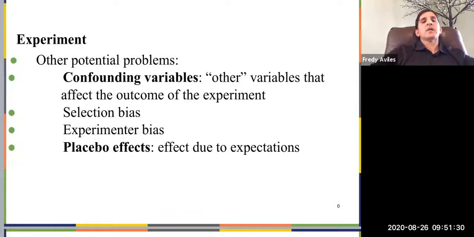Now, but what if we had put an ad in the school newspaper that said participants needed for an alcohol study, for a study on alcohol, pays $10 an hour? What if we put an ad like that out there? What would happen is that we would get a whole bunch of participants calling who love alcohol. We potentially would get a bunch of alcoholics, a bunch of problem drinkers signing up for our study.